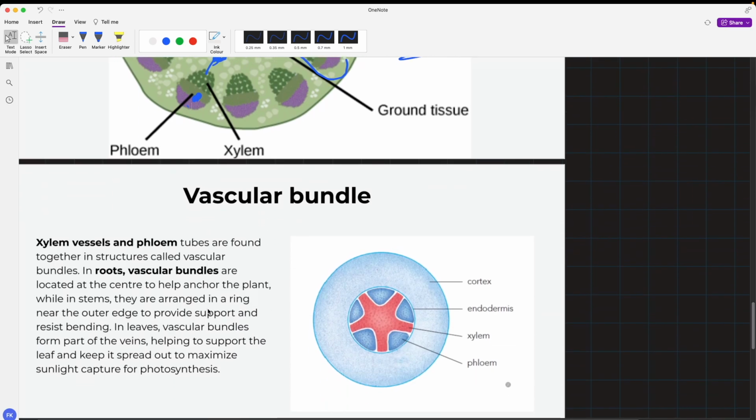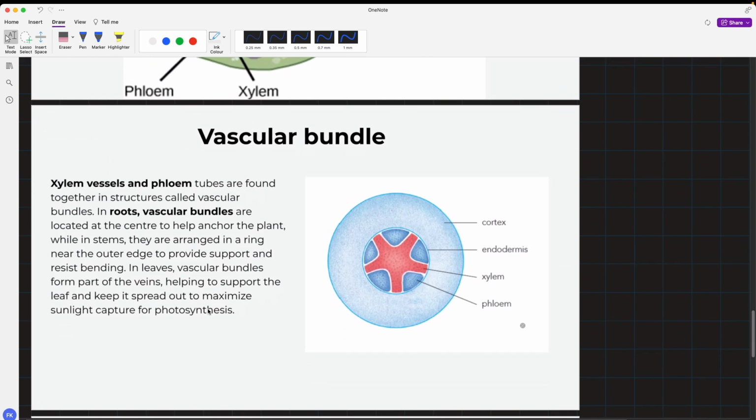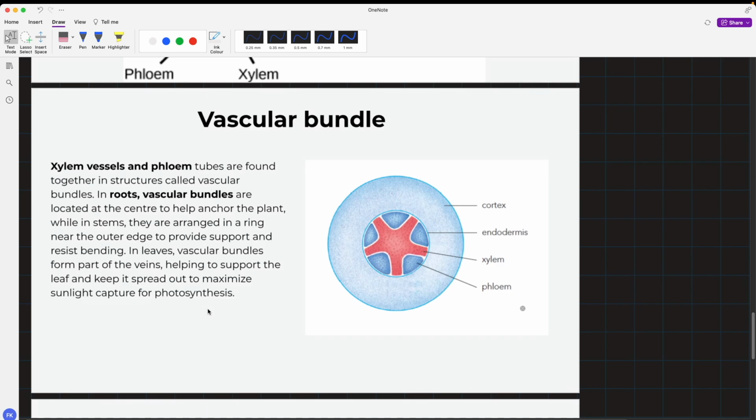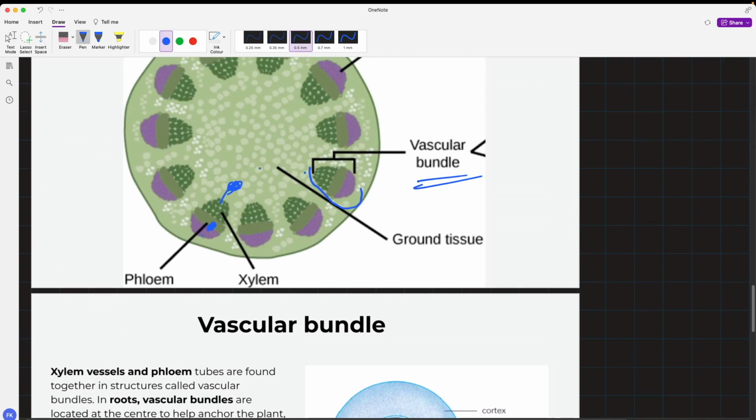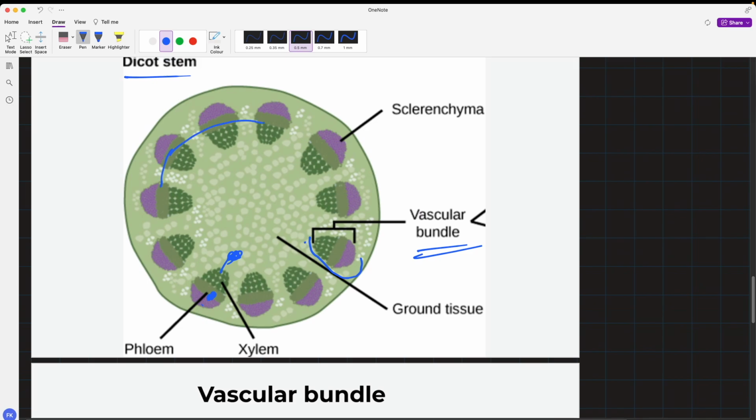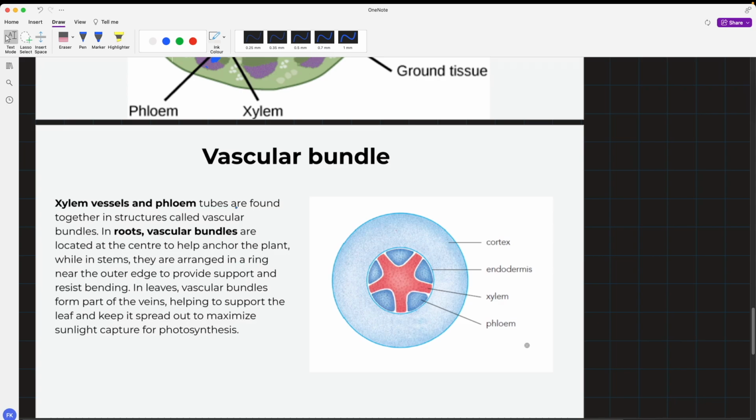Now let's look at the vascular bundle in a root. The xylem vessels and phloem tubes are found together in a structure known as the vascular bundle. In the root, the vascular bundle is located at the center. Unlike in the stem, they are not arranged in a ring. In the stem, as you can see, they are arranged in a ring.